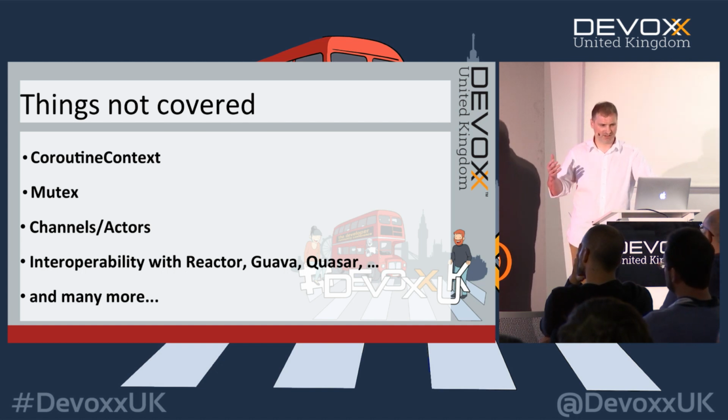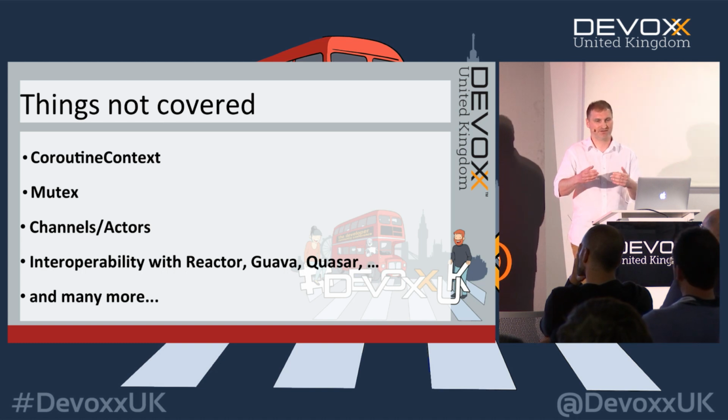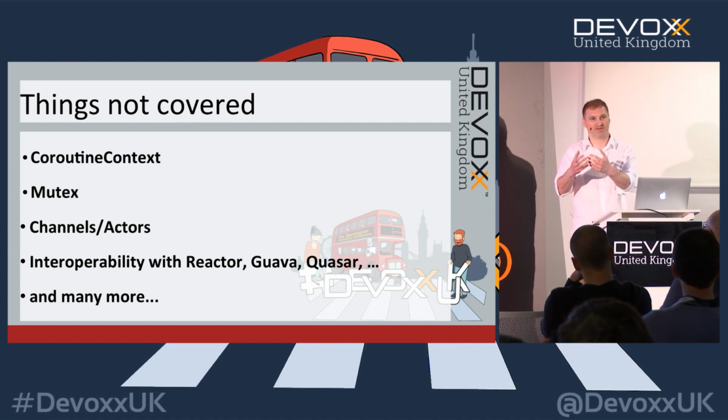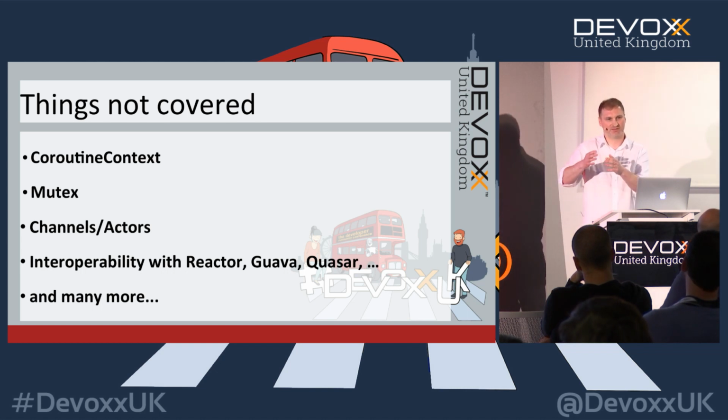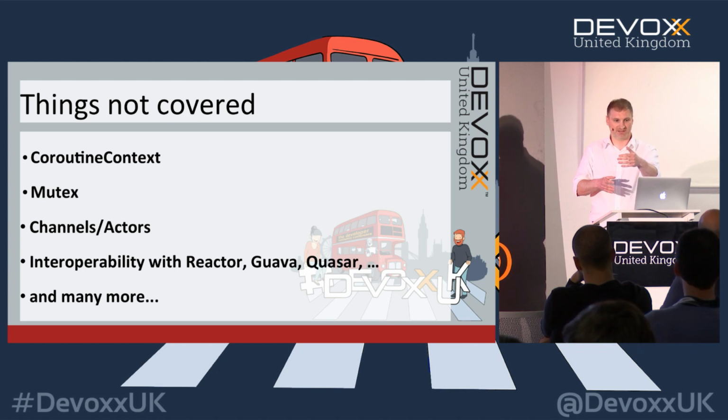So I mentioned coroutine context. A coroutine context is something which allows you to specify how your coroutine should be run, on what thread, for example. Let's say you want a separate thread pool on which you want to run your coroutines.